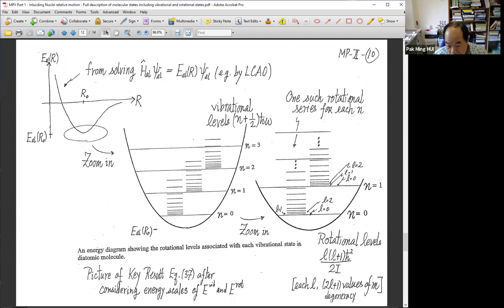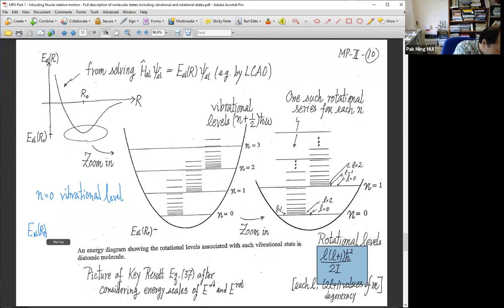But on top of it, we have this L times L plus 1 h bar square over 2i, all right? Therefore, even within the n equals 0 vibrational level, the energy becomes a constant plus the ground state energy for vibration.